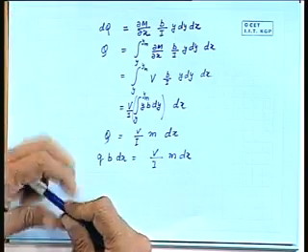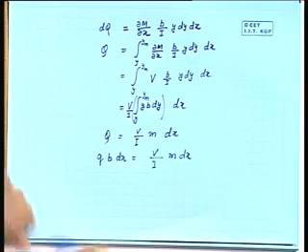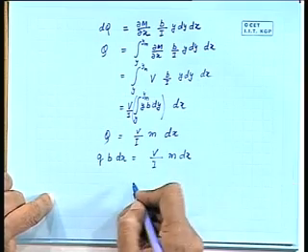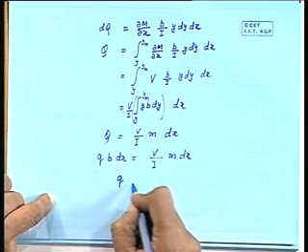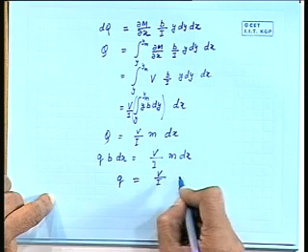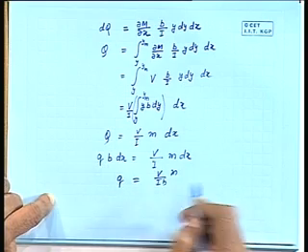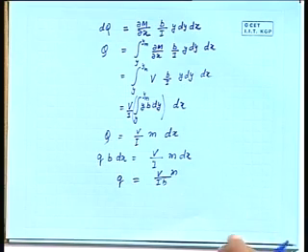Now, if I remove this dx from both sides, then I can write this q is equal to V by I m, and I put this b here, that is all.